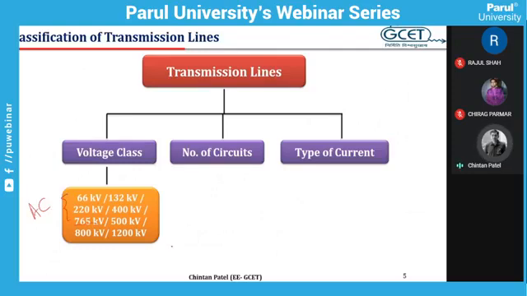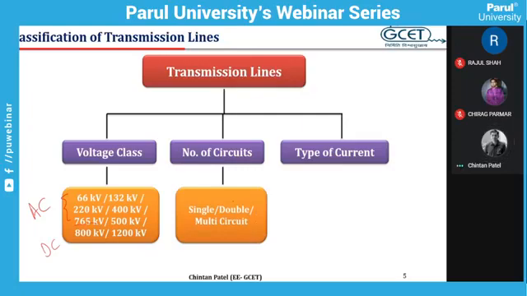And 400, 500, 800, 1200 kV are the DC transmission line voltage levels. In number of circuits, there are three possibilities: single circuit line, double circuit line, and multi-circuit line. Whereas in the type of current category, there are two types of transmission networks, HVAC and HVDC.